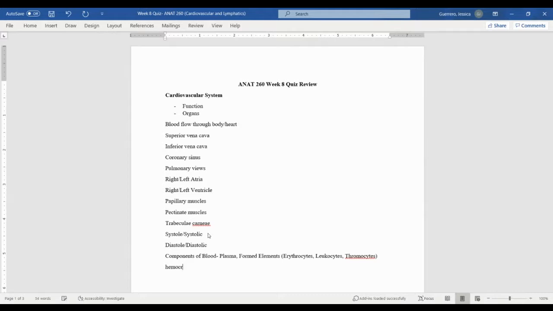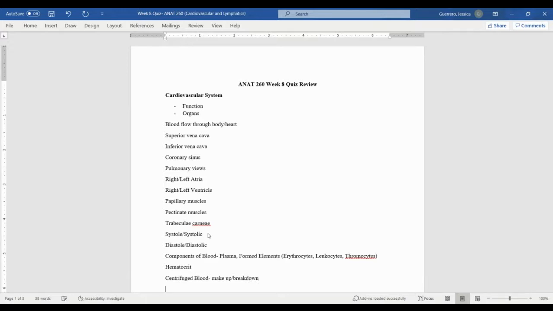You need to know what hematocrit is. Whenever blood is centrifuged, it's centrifuged blood. The makeup, or technically the breakdown.